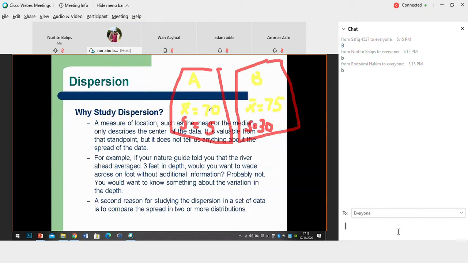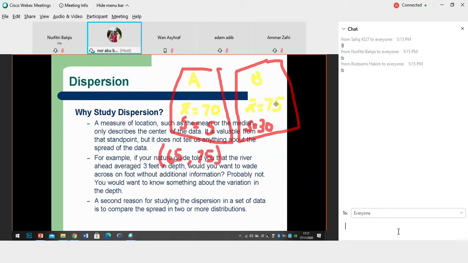Okay, boleh tak awak kira 70 campur tolak 5? Cuba awak kira 70 campur tolak 5. 70 tambah 5, 75 kan? Okay, 70 tolak 5, 65.